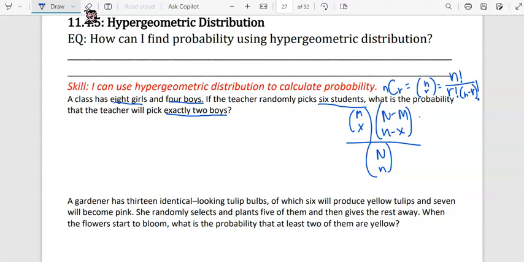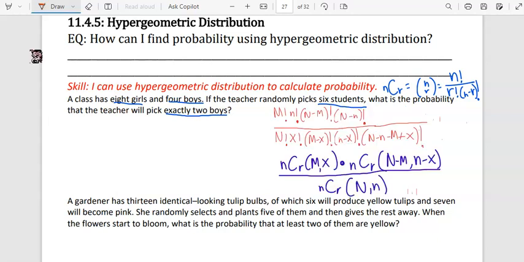We could convert from this formula to rewrite it, so if we wrote it out, it would be this formula in the red. Or if you want to just type it into Desmos after you identify your m, your x, your capital N, your lowercase n, you just plug it in with this.